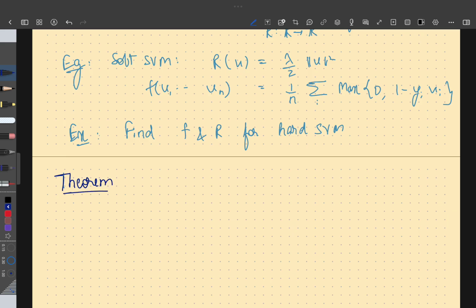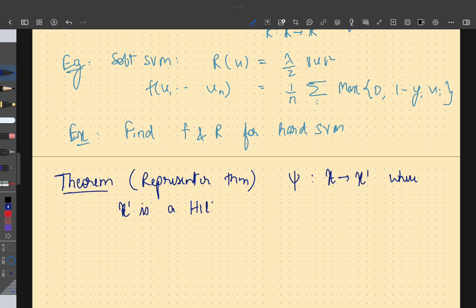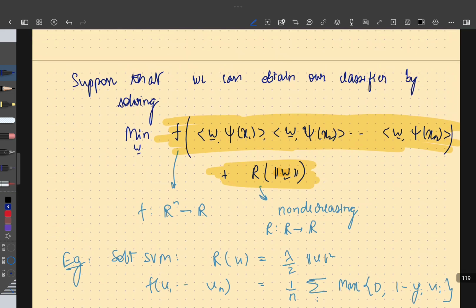Then we have the following so-called representer theorem, which says that if psi is any mapping from x to x prime, where x prime is a Hilbert space, then there is some set of coefficients alpha 1 through alpha n.